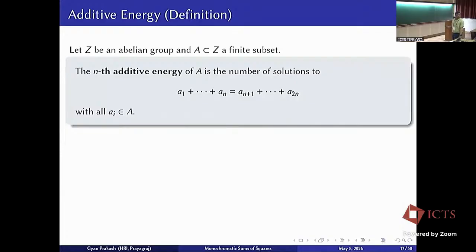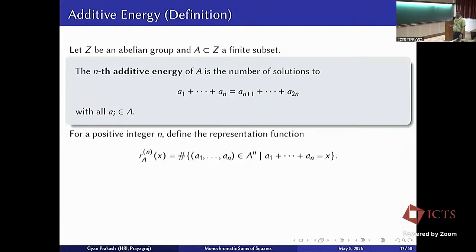The set of squares is infinite, but we have restricted ourselves to Sn, the set of squares lying between n and 4n, satisfying certain conditions, and a certain subset of that. So that is a finite set. The n-th additive energy of A is the number of solutions of the equation a1 plus ... plus an equals a(n+1) plus ... plus a(2n), with all ai belonging to A.